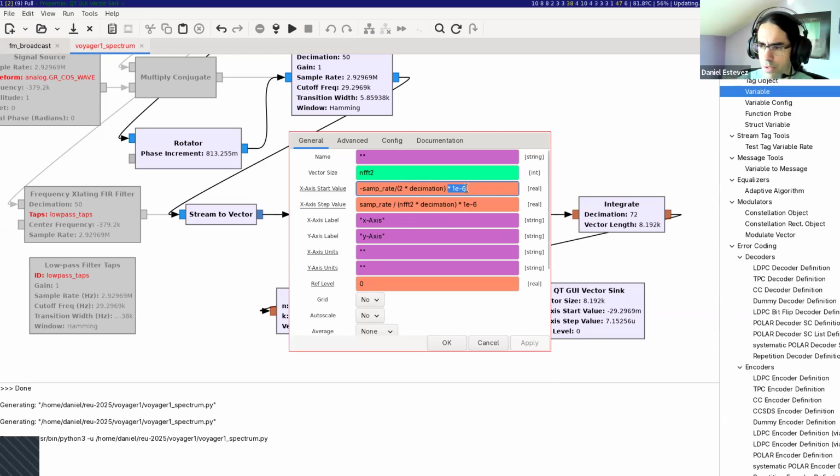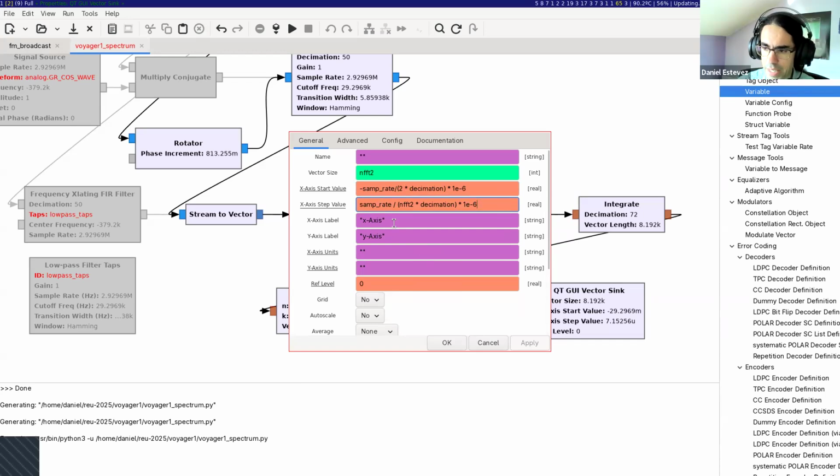And I want to show the result in megahertz for convenience, so I multiply by 10 to the power minus 6 because this is in hertz. This is the most negative frequency I have, minus 1/2 of the sample rate. It's after decimation. You need to remember we have decimated, so the new sample rate is sample rate divided by decimation.